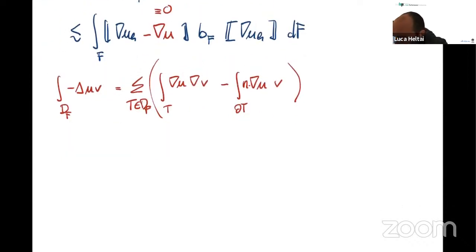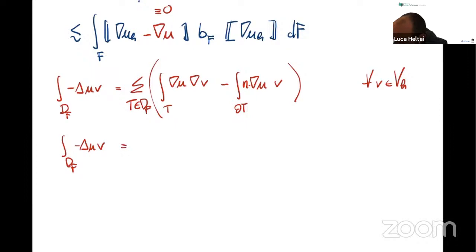Okay. And now what I want to show here is that if I look at this integral over df of minus the Laplacian of u times v, this is for any v in capital VH. I'm not doing anything in particular here. I'm simply integrating by parts these two terms.